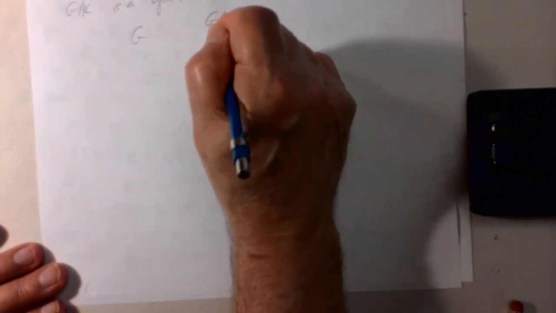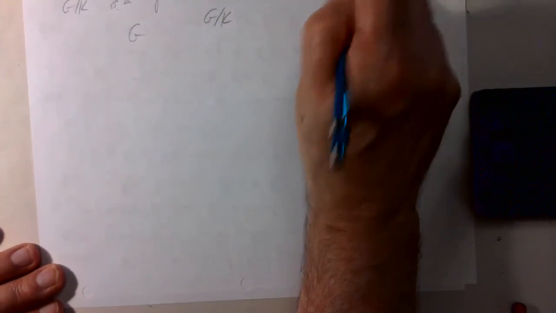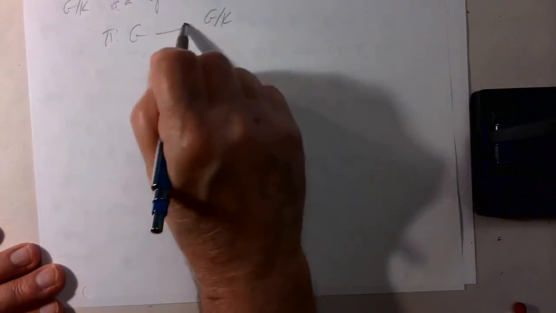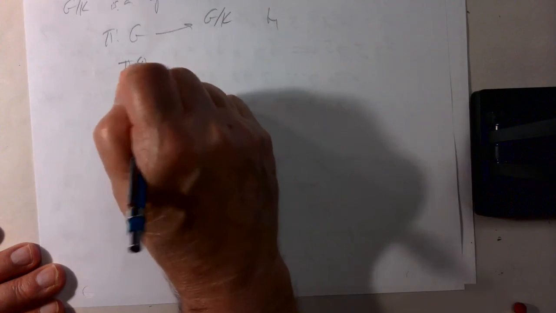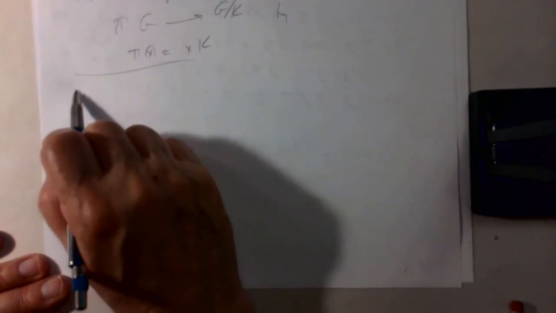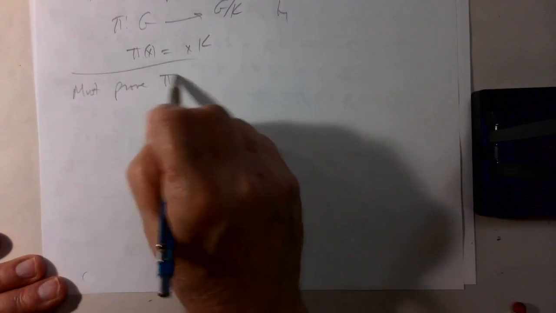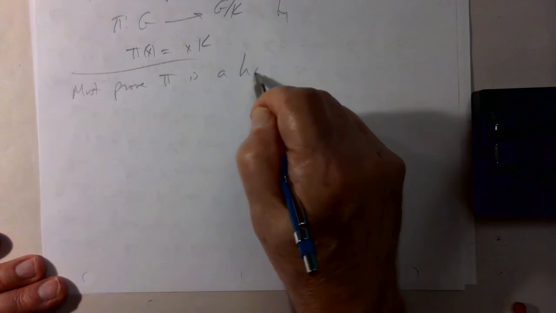So we have G and G mod K, and define a function pi from G to G mod K by pi of x is the left coset xK. We must prove pi is a homomorphism.